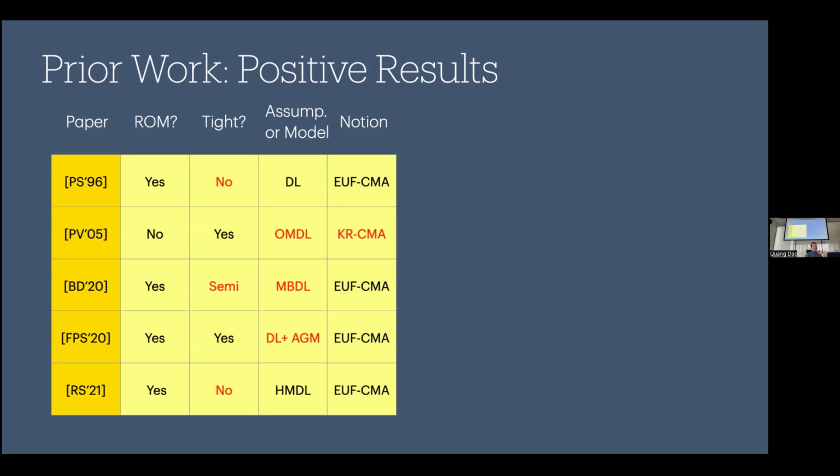So they get what's called a semi-tight reduction, meaning they remove the square root term, the square root on the advantage on the right hand side. So the square root, but not the QH. So that still doesn't give you a very tight reduction.